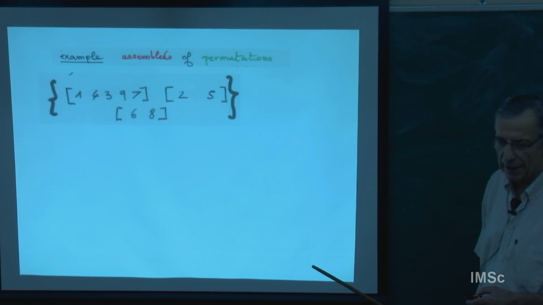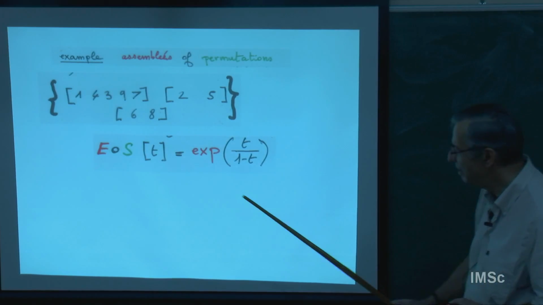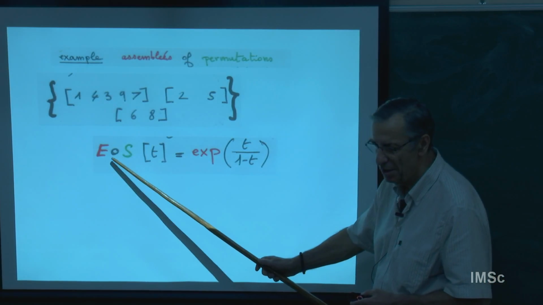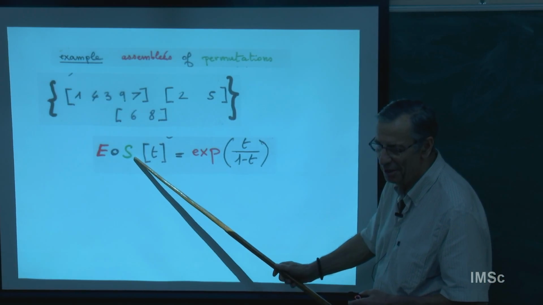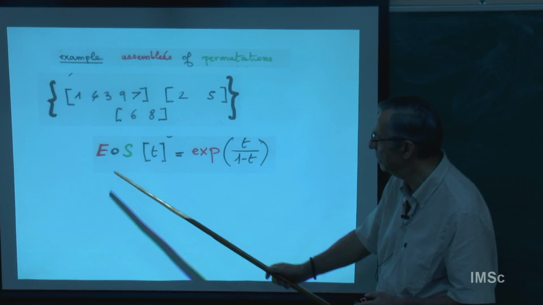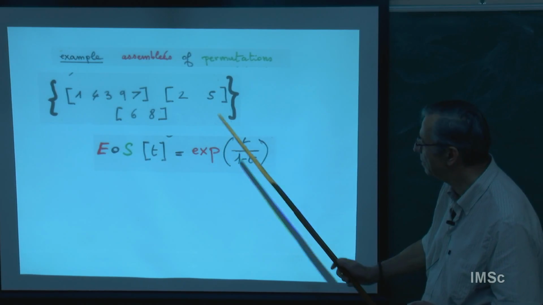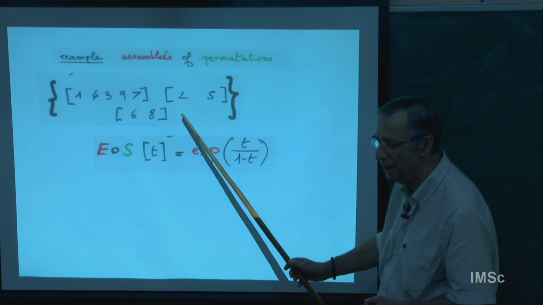So here is an assembly of permutations. It's a composition of the species permutation, and I put them inside the species E, which is set, or ensemble in French. So an assembly of permutations, just to remind you: you take a set 1, 2, etc. until n.